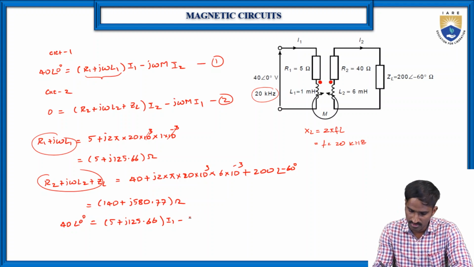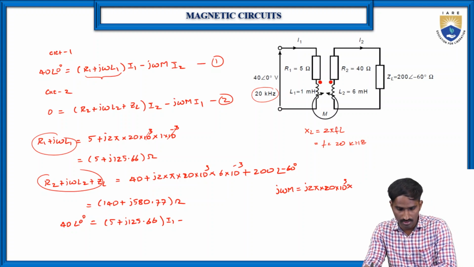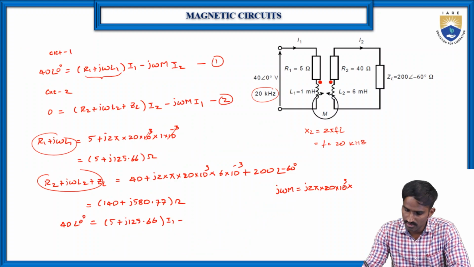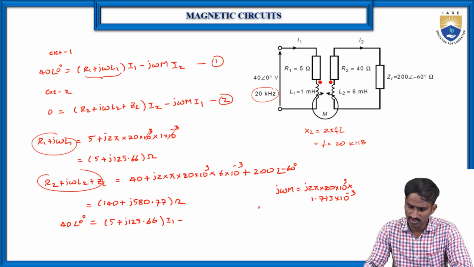So j omega M is equal to j into omega, 2 pi into 20 into 10 to the power of 3, into the M value we have calculated already, 1.715 into 10 to the power of minus 3. If we simplify, you will get the j omega M value.